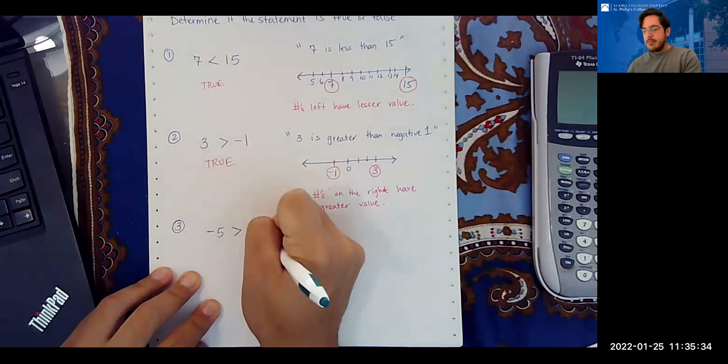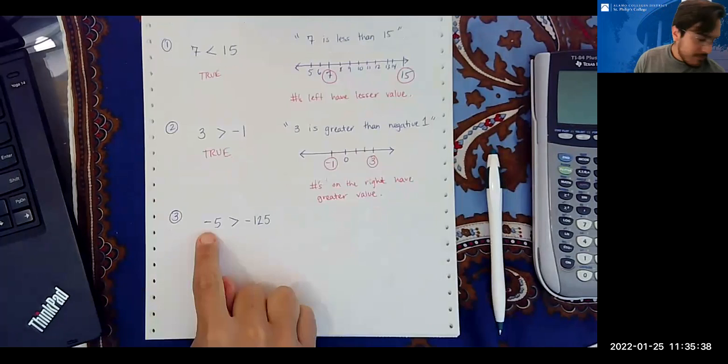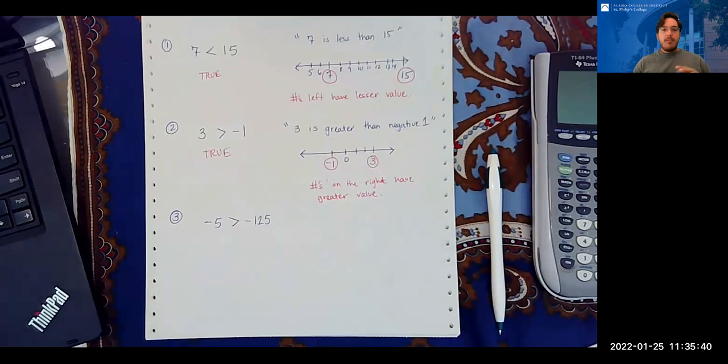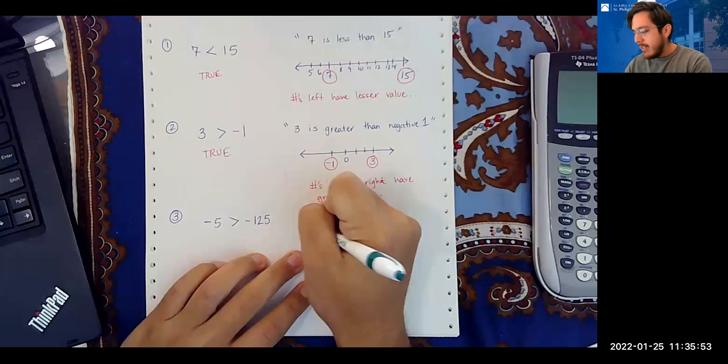Okay. Can somebody tell me how I would read this statement? -5 is greater than -125. Yeah, that's how we would read it.